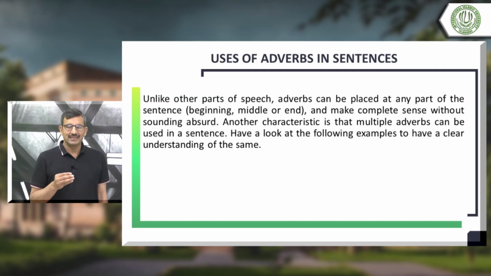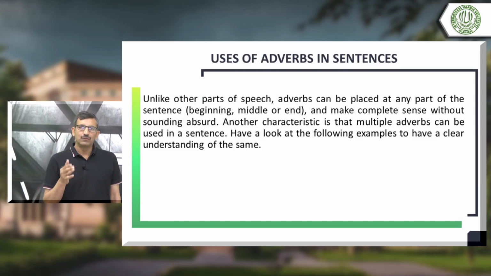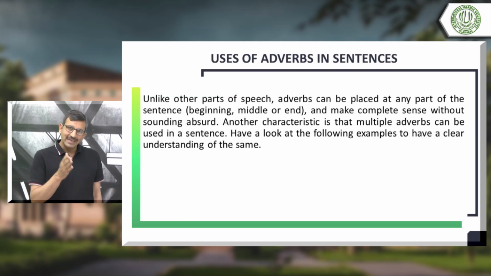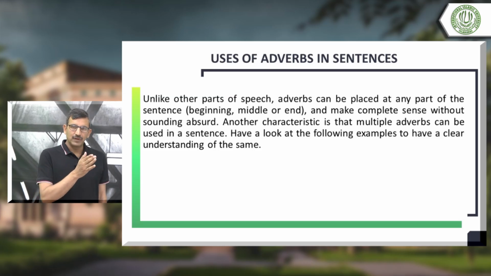In the second sentence, they decided to leave the town secretly, the leaving action or the process is secret. So, this is the difference. Sometimes when we place adverbs in different parts, the meaning of the sentence gets changed.